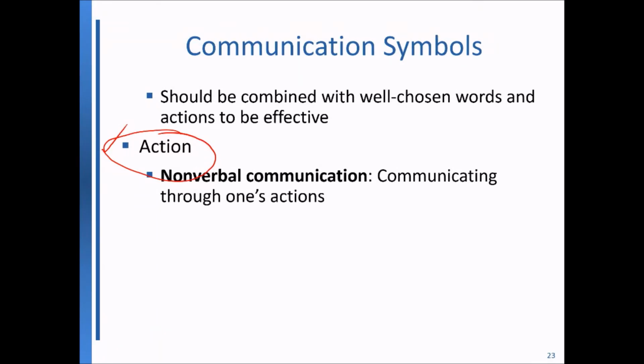That means we do not use verbal words, from the word verba, which means spoken. So these are the symbols that we use in communicating, but these are not words. That's why it is called non-verbal communication.